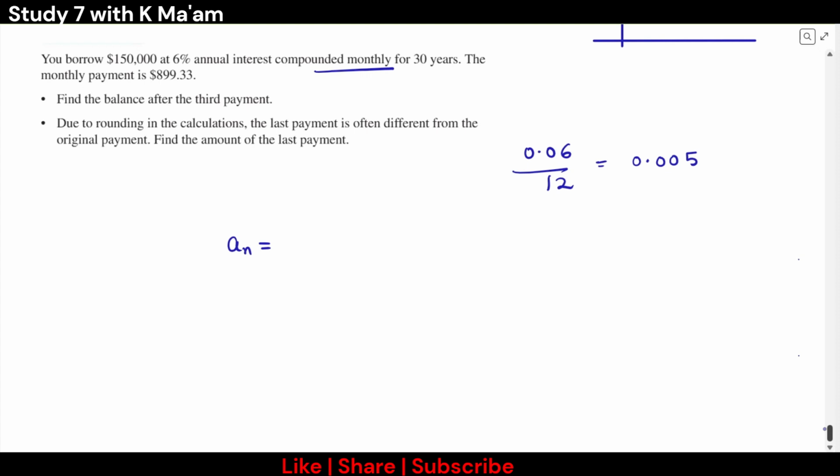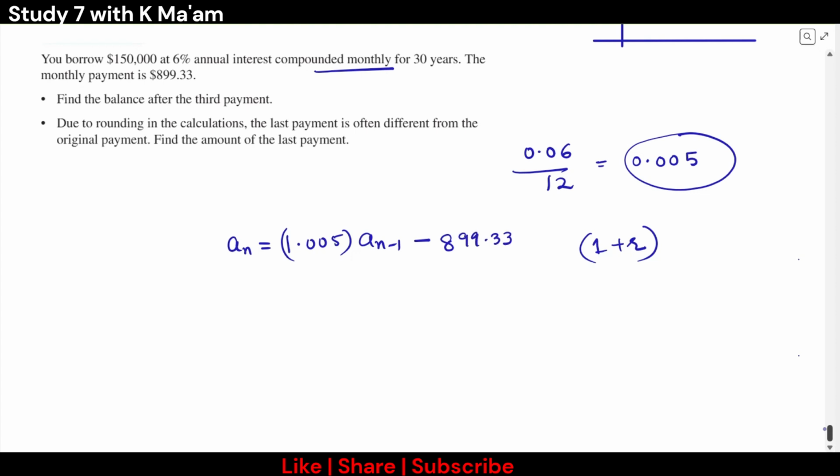An is equal to this number, because it is getting increased, interest is applied, so it is 1 plus r. Your rate is this, so 1 plus r becomes 1.005. Then what was the previous balance, minus what you have paid, 899.33. So we got a recursive rule for this.